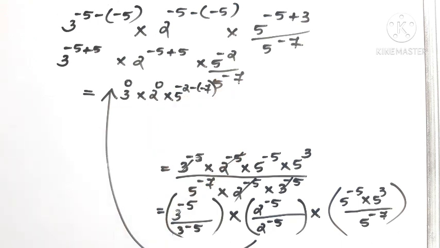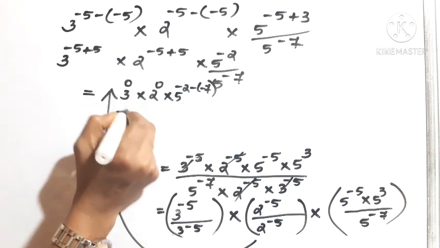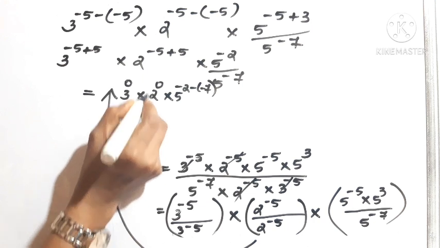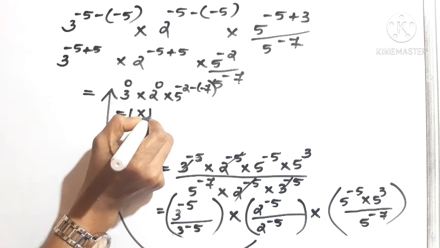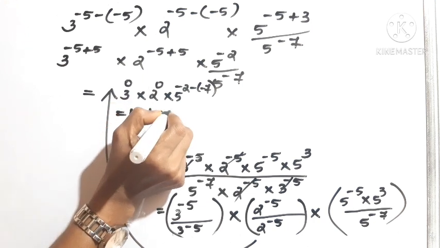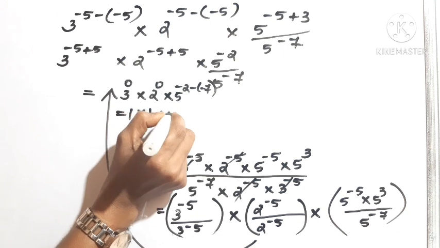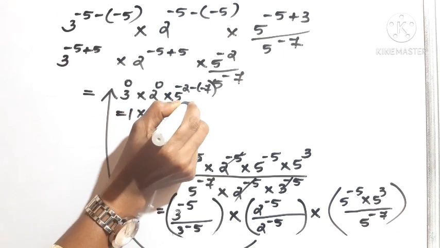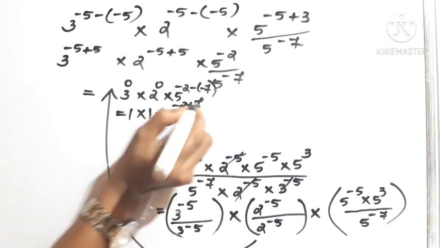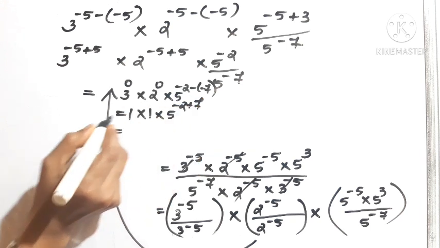Okay? Clear, no? Also equals 3 raised to 0, 1 into 2 raised to 0 also equals 1, right? Into 5 raised to minus 2 plus 7, no? Also equals 1 into 1, 1.